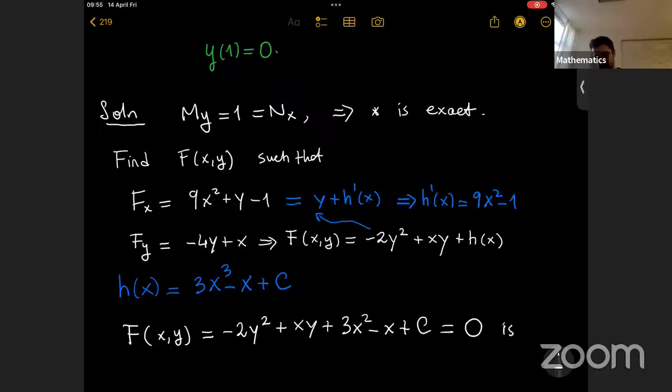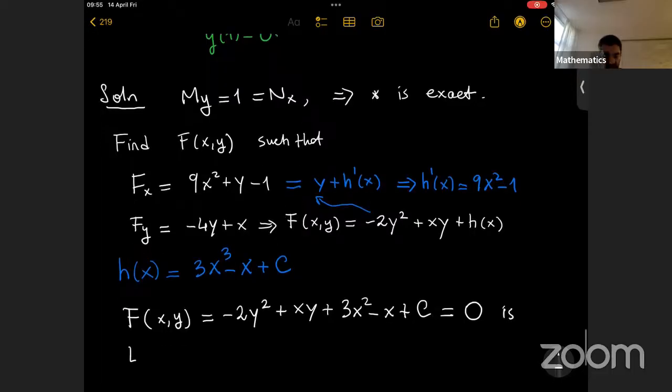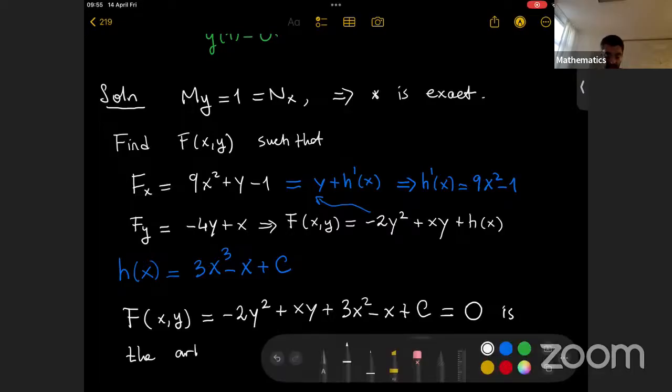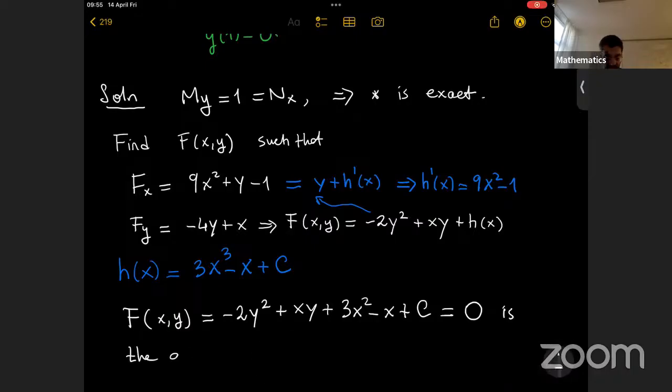This is the solution, the general solution, because c is an arbitrary real number here.